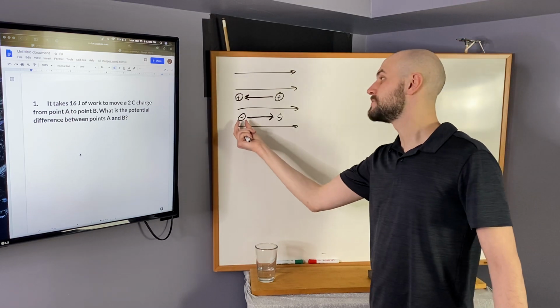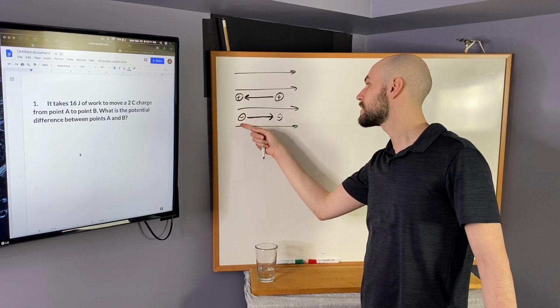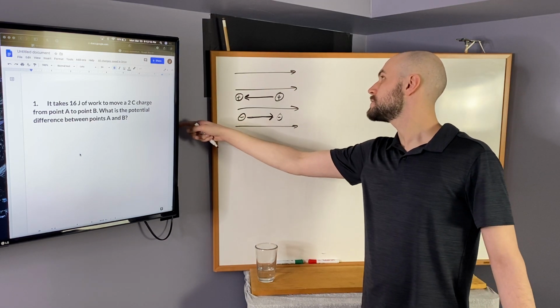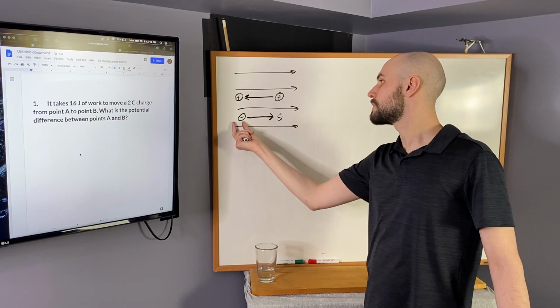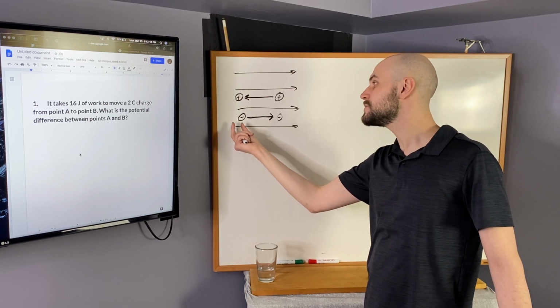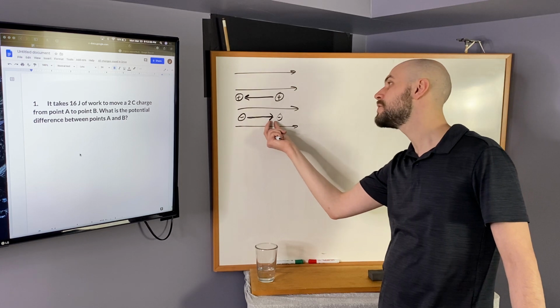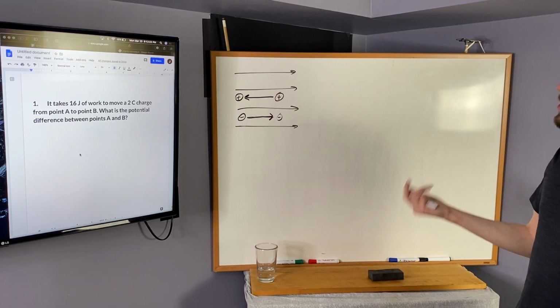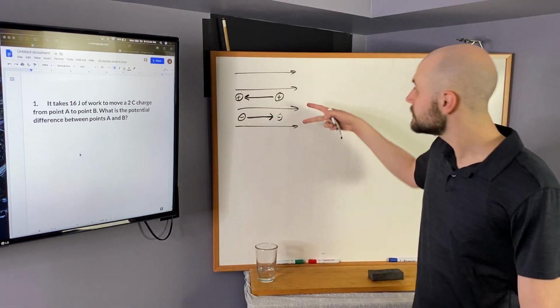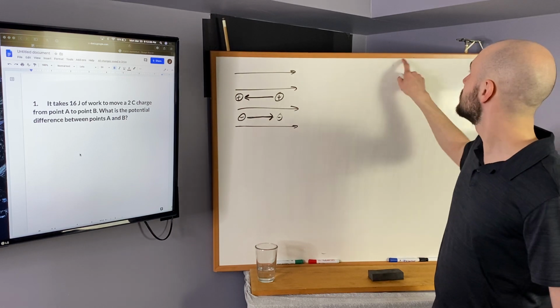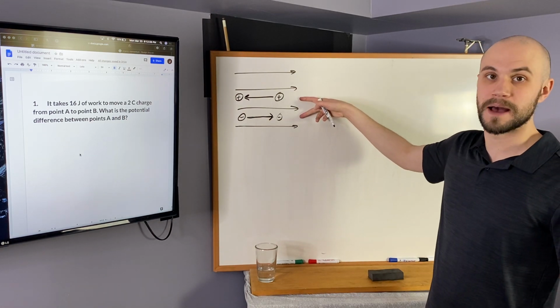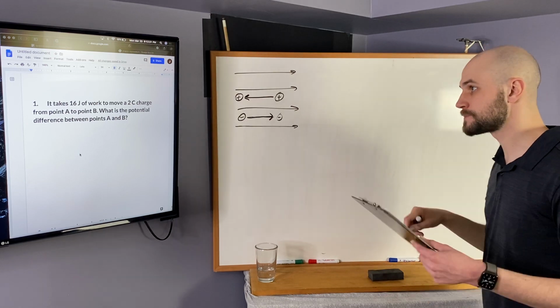But with this negative charge, if I let this go, it's going to want to go this way, right? Because it wants to move against the field. So I actually have to do work to pull it with the field. We don't know what type of charge we have, positive or negative, so either of these situations could be happening here. Keep that in mind.